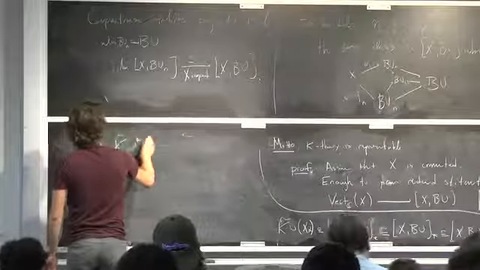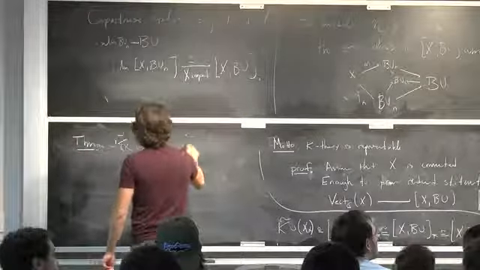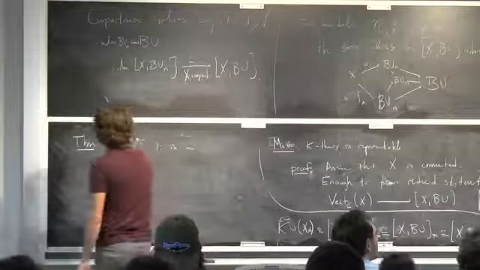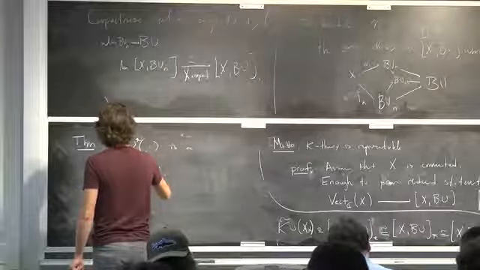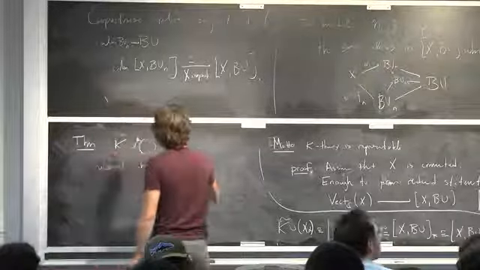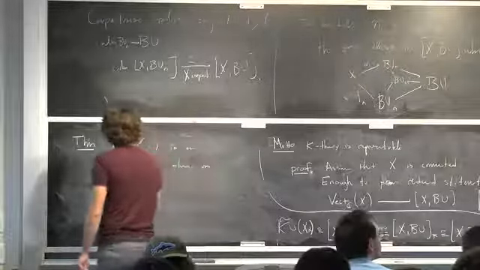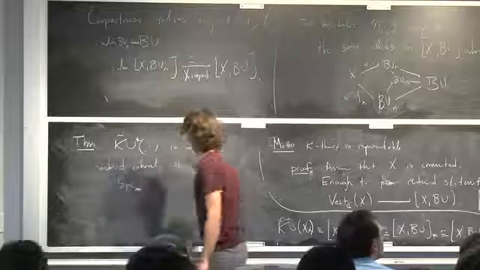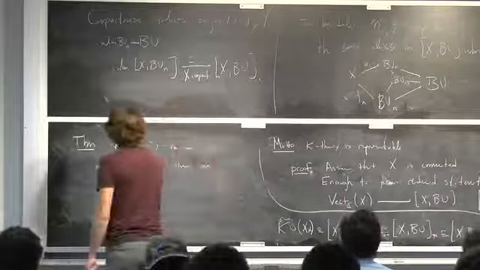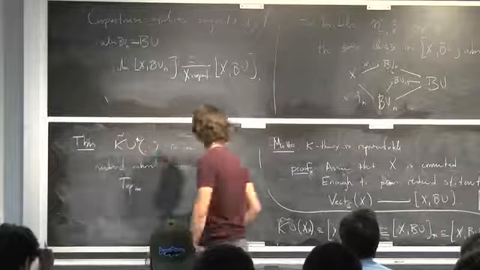KU tilde star is a reduced cohomology theory on pointed spaces. Maybe this should be Top star. I think that's what I chose earlier.